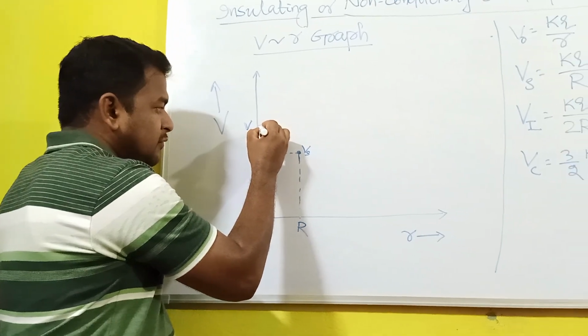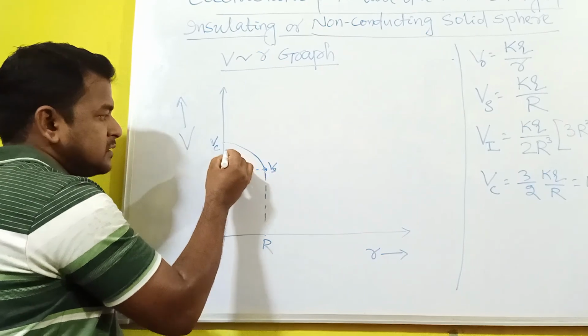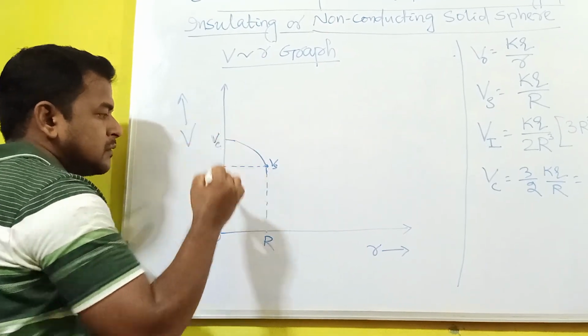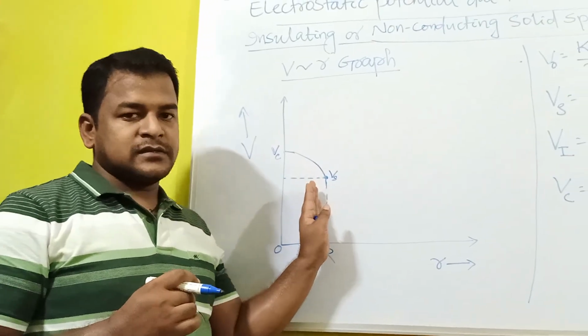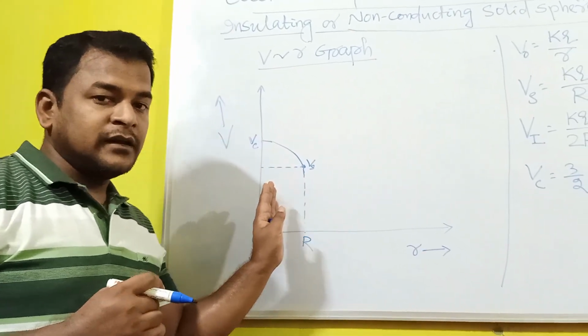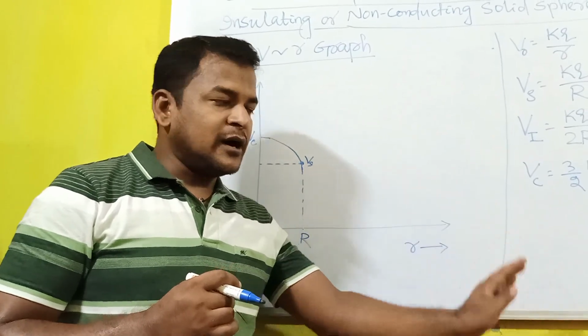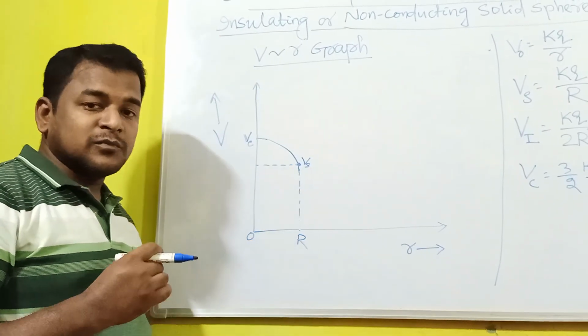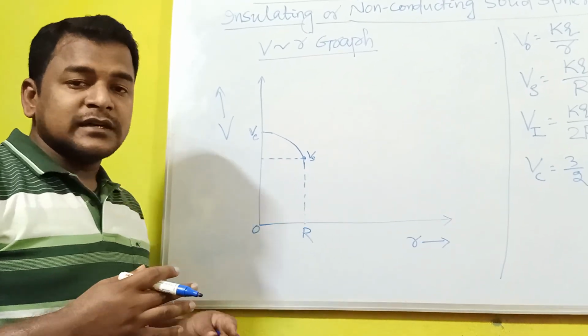Then the graph will be like this. Again, from the surface, when we are moving outward, means the value of small r is increasing, then the potential is gradually decreasing.